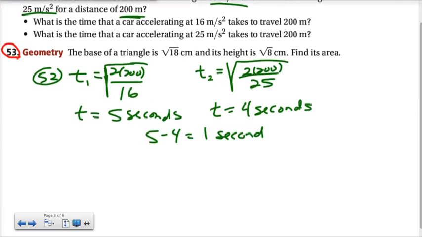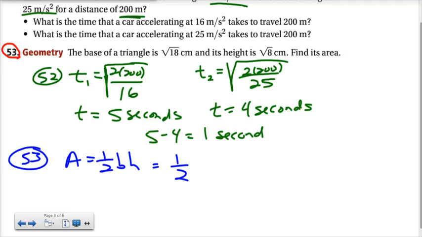Then in number 53, the base of a triangle is the square root of 18, and its height is the square root of 8 centimeters, and we are supposed to find its area. Well, they said it was a triangle. Area of a triangle is 1/2 base times height. So 1/2, and our base was the square root of 18, and our height is the square root of 8.